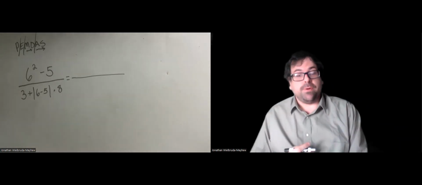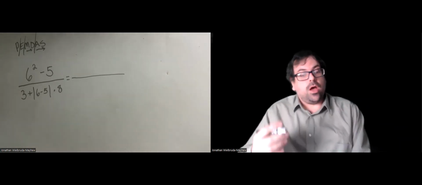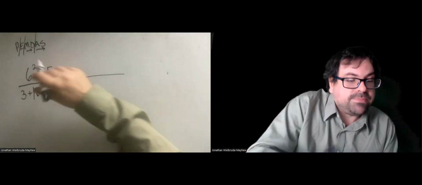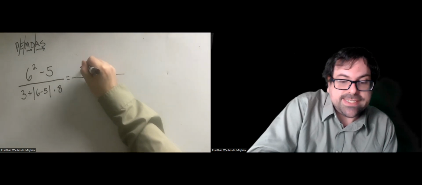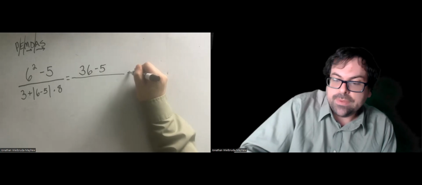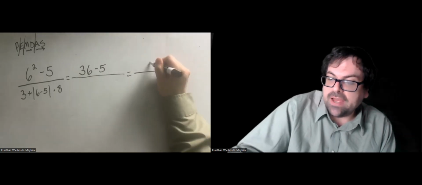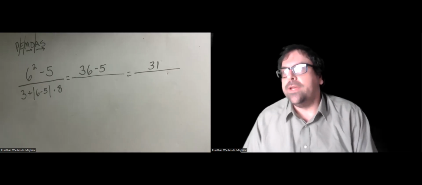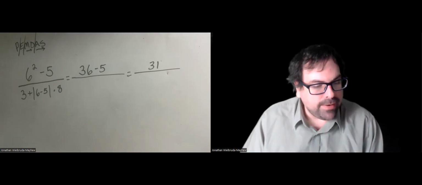Top and bottom, 2 separate problems. On top, we have no parentheses. Exponent, 6 squared is 6 times 6, that's 36. 36 minus 5 is 31. So that's all we can do on top.